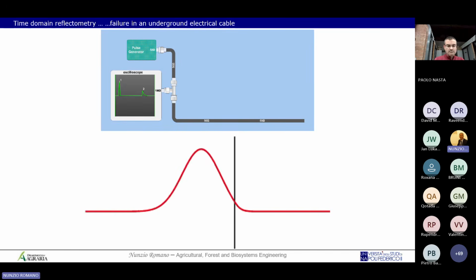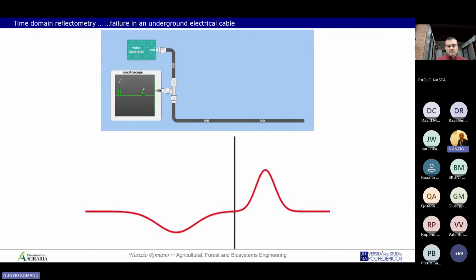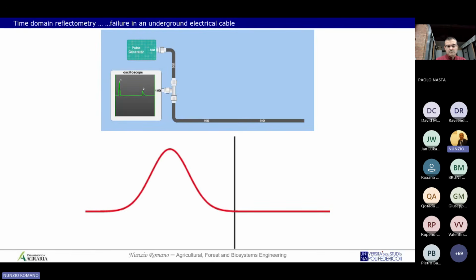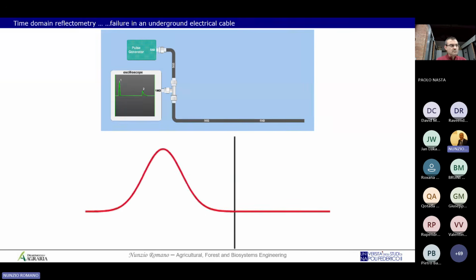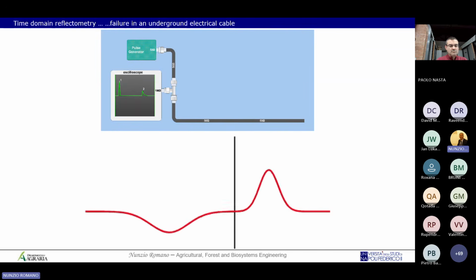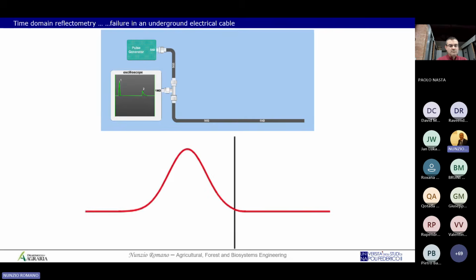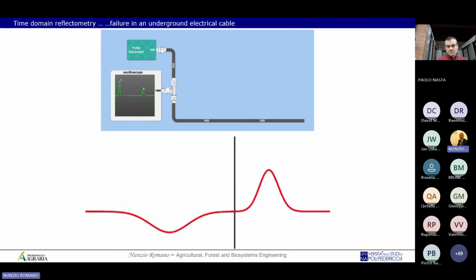And since we know the velocity of this reflected wave, the only thing we have to compute is the distance. Even today, this is the way people who have to check a failure in an electrical cable find the location of the failure. I hope you have got this information.